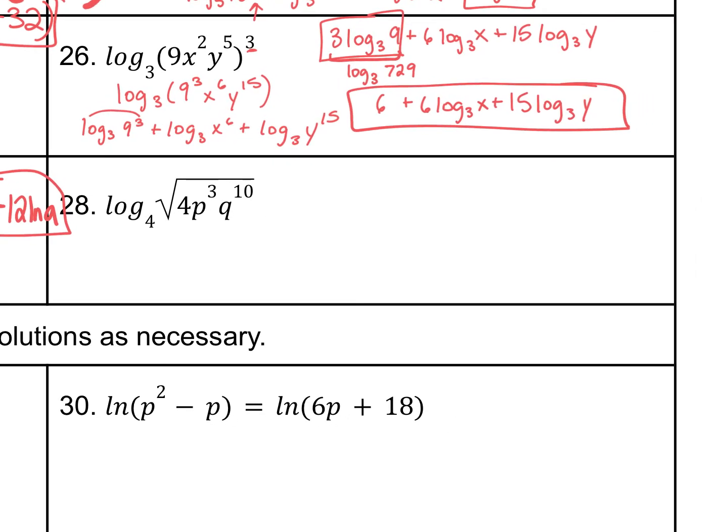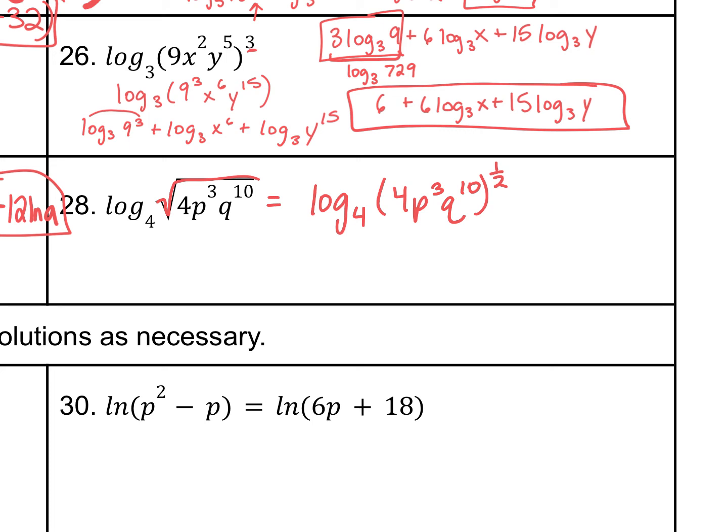And then we've got this guy right here. Okay, the big thing to remember here is that when we see a root, that's the same thing as a fractional exponent. So since this is a square root, it's the same thing as the 1/2 power, okay? So that is the biggest thing to remember on this one.